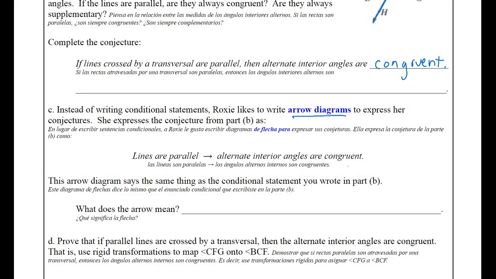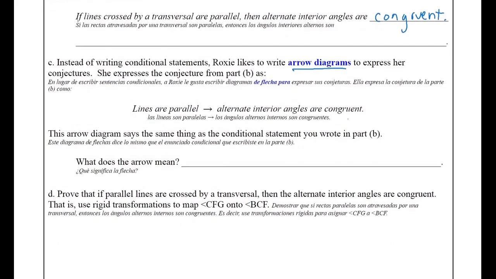This arrow diagram says the same thing as the conditional statement we wrote in part B. What do you think the arrow means? It means the word then, or therefore, or so, or so it follows.